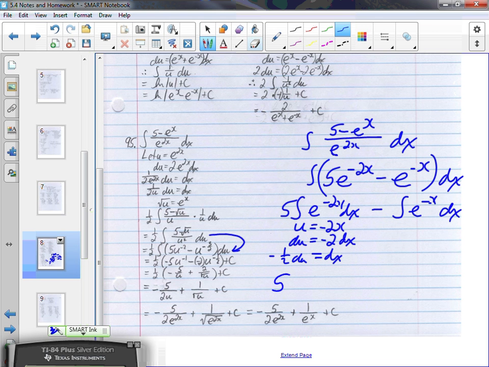That'd be 5 times the integral of e to the u times negative 1/2 du. I can do that.